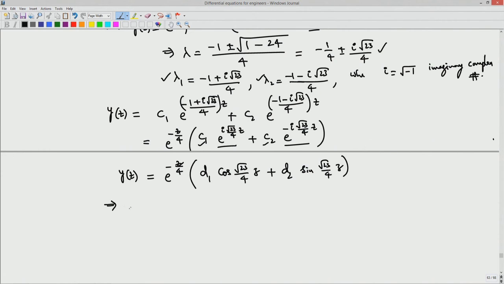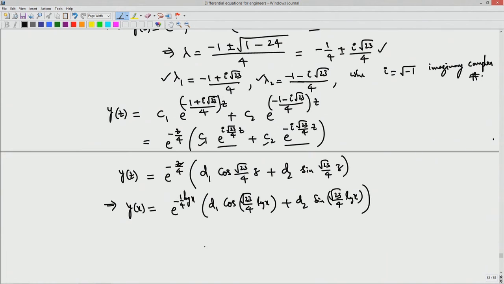Finally, you can replace z equal to log x. The solution will be a function of x, so this will be e power minus log x by 4 into d1 cos root 23 by 4 log x plus d2 sin root 23 by 4 log x.